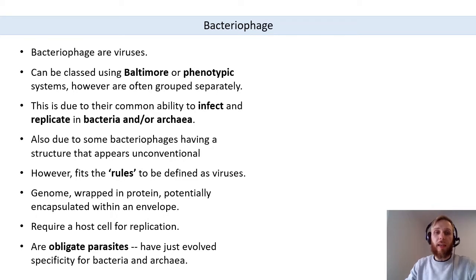Okay, so bacteriophages, as we said, they're not one single group either on the phylogenetic system or the phenotypic system, but we can use these systems to classify them.